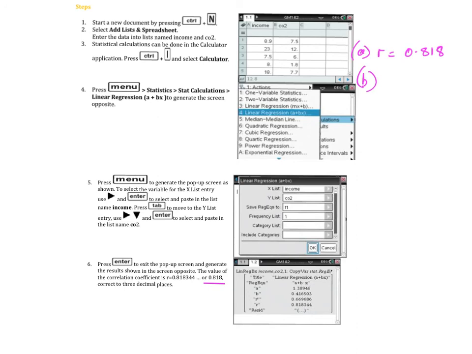On our summary table, we can see that 0.818 lies between 0.75 and 0.99, which means that it's strong, positive and linear. As soon as we have got our R value, we can match it up with our table. So it's a strong, positive linear relationship, and that describes the association between CO2 and income.